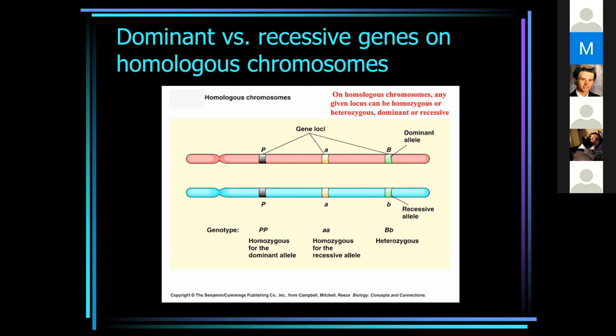Yes, homozygous would mean that they have identical pairs of genes for any hereditary characteristic. You said homozygous? Yes. So if you're homozygous at a locus, it means you have either two dominant alleles there or two recessive alleles.